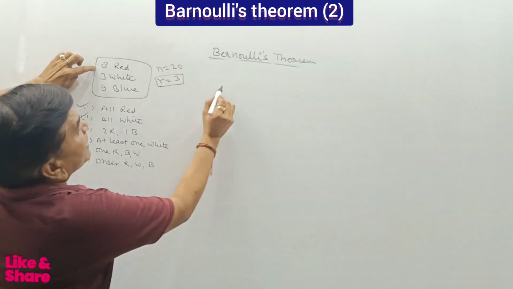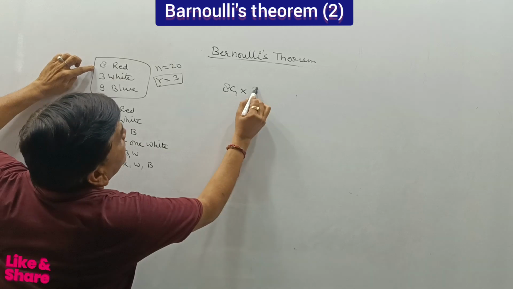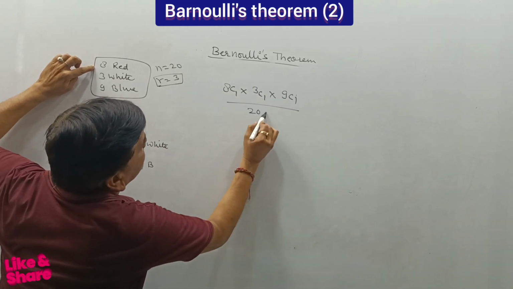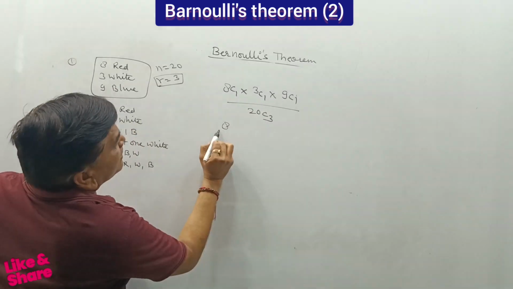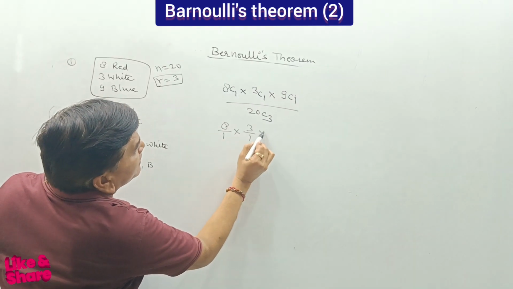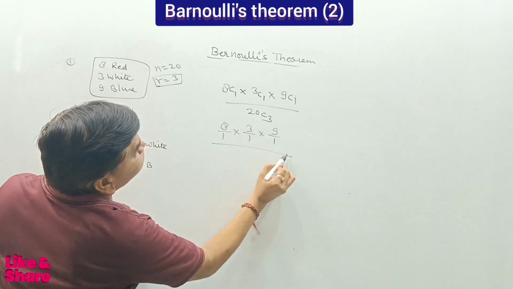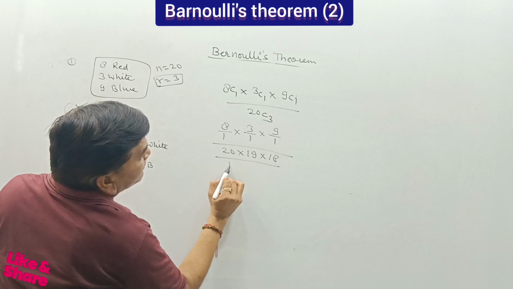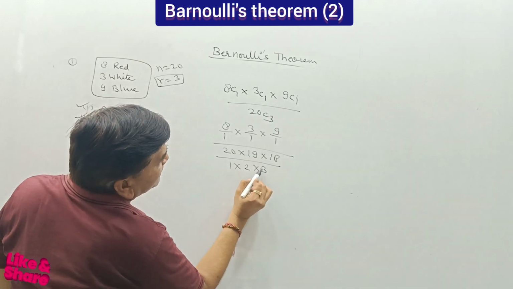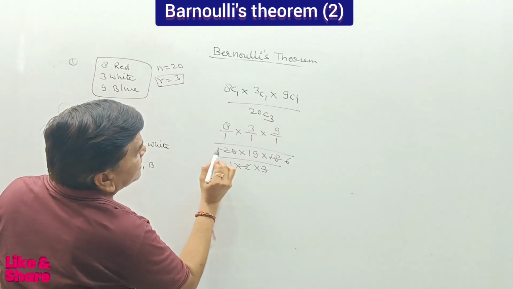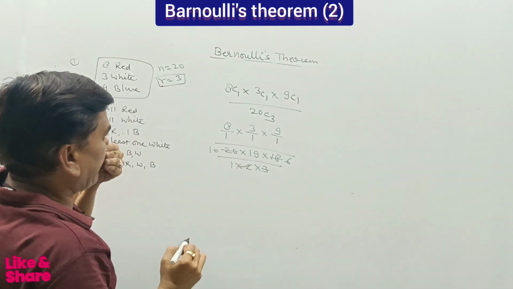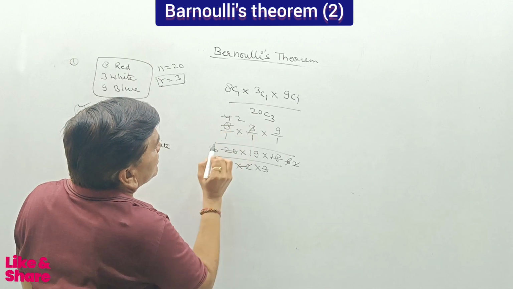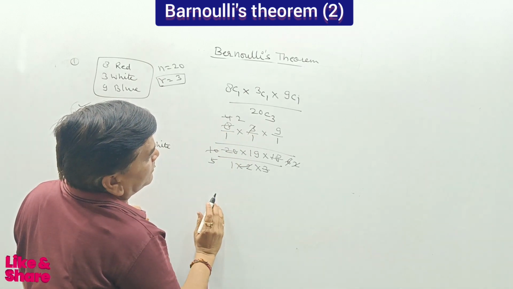So we are having 8C1 multiply 3C1 multiply 9C1 divided by 20C3. So 8 divided 1, 3 divided 1, 9 divided 1, over 20 multiply 19 multiply 18 divided 1 multiply 2 multiply 3. 3 6 ja 18, and this is 10 times. 3 2 ja 6, this is 4 times, this is 2 times, this is 5 times.